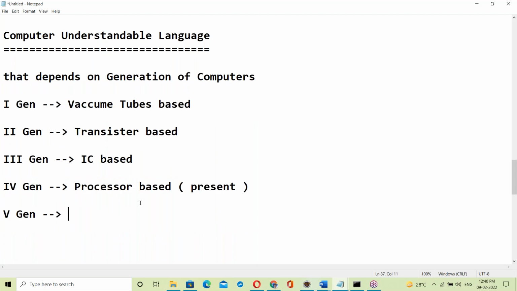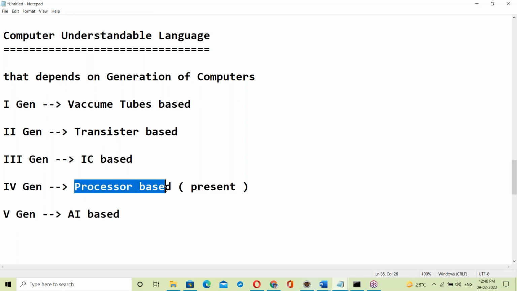What is that? Fifth generation is AI based, artificial intelligence. There is a chance of releasing in 2025.